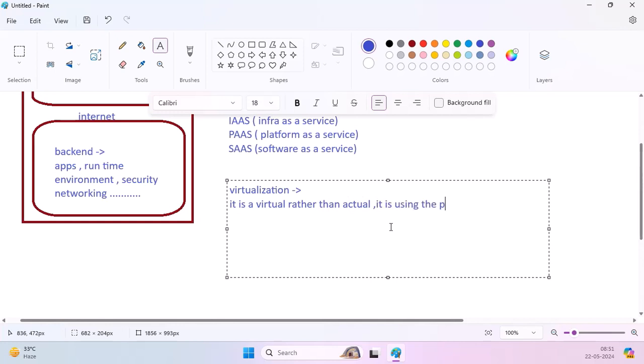It is using the physical resources to create the virtual environment. And that's pretty much it for the introduction to cloud computing, or the basics of cloud computing.